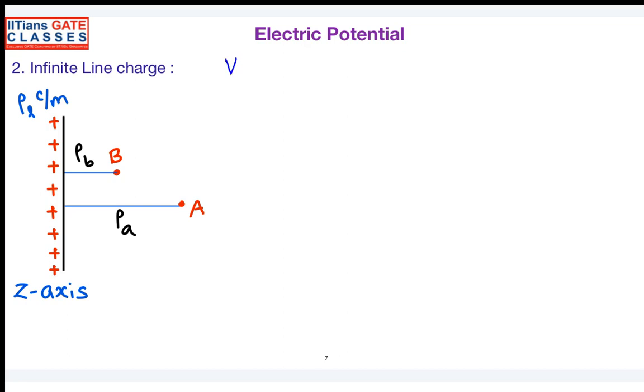So ultimately VAB is equal to minus integral E dot dl. The electric field intensity due to an infinite line charge we already know: rho L by 2 pi epsilon rho into, can you tell me what is the direction of electric field intensity in this case?